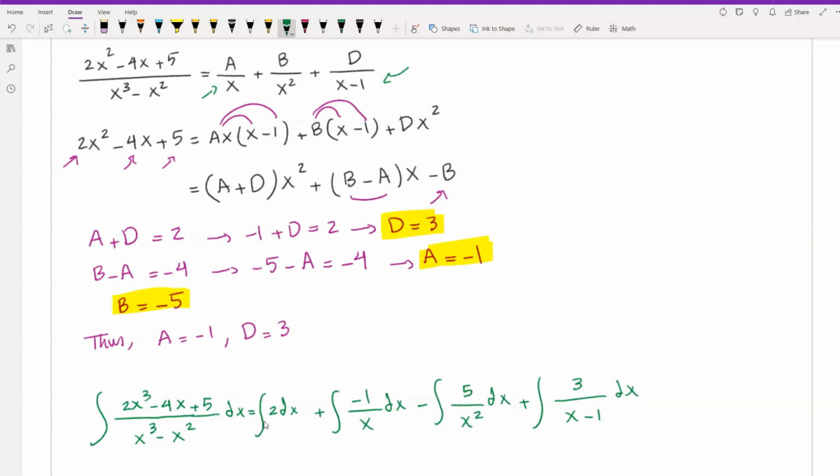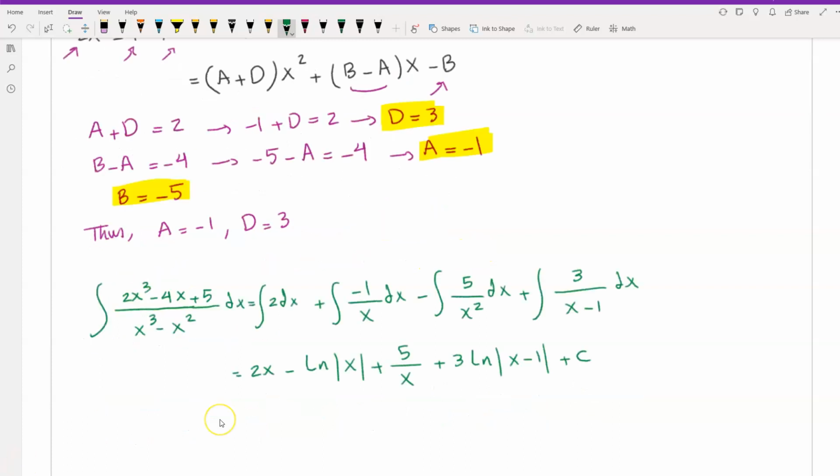Now integrate. Here we have the integral of 2 times dx, so that is equal to 2x. For this part we have negative natural log of the absolute value of x. How I got this one: the derivative of the natural log of x is 1 over x, and here we have negative.